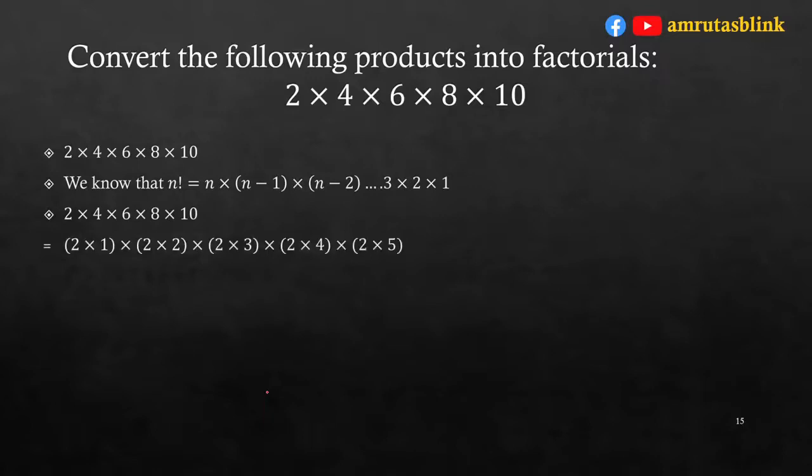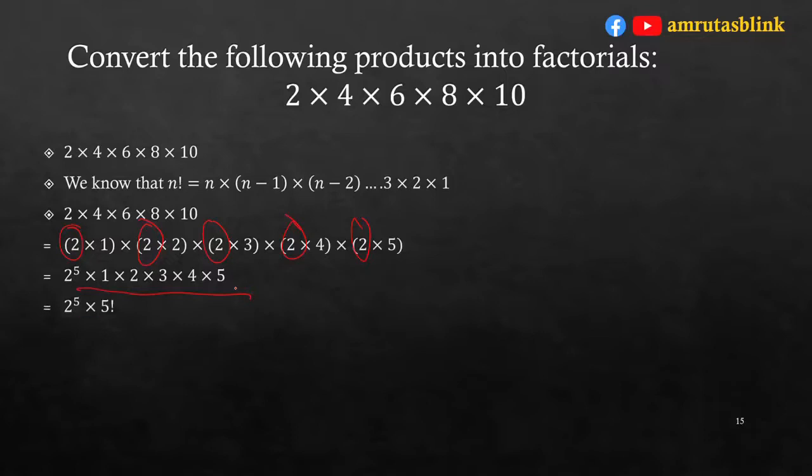Now 2 into 4 into 6 into 8 into 10. Can I write this 2 as 2 into 1, 4 as 2 into 2, 6 as 2 into 3, 8 as 2 into 4 and 10 as 2 into 5? Now if we just take these 2s common, it will be 2 into 2 into 2 into 2 into 2, that is 2 raised to 5, and the remaining part will be 1 into 2 into 3 into 4 into 5.